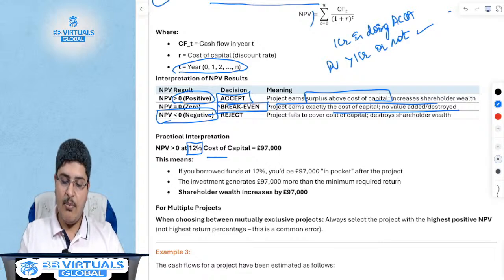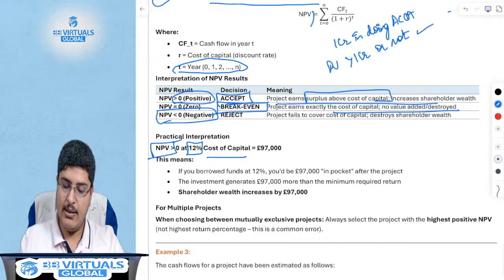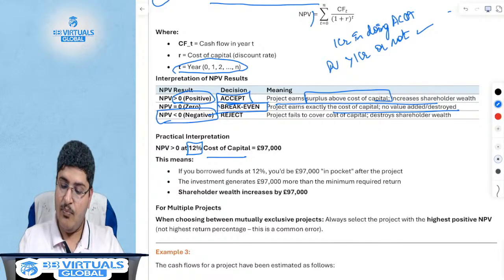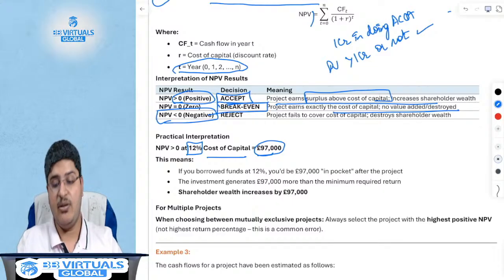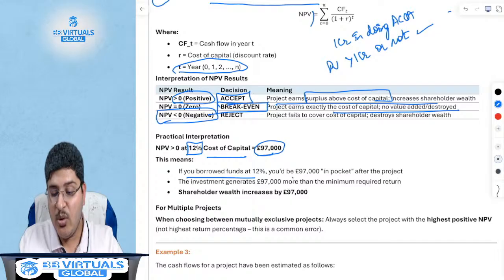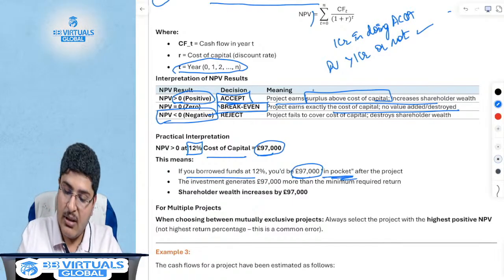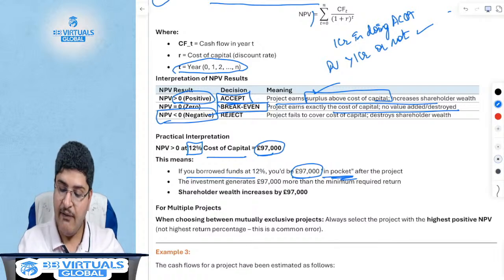If the cost of capital is 12% and NPV is greater than 0, you are getting 97,000 NPV at 12% cost of capital, which means if you have borrowed the funds at 12%, you will have 97,000 in the pocket. This is the exact profit, the surplus over the cost of capital that you will be receiving if you were to invest.